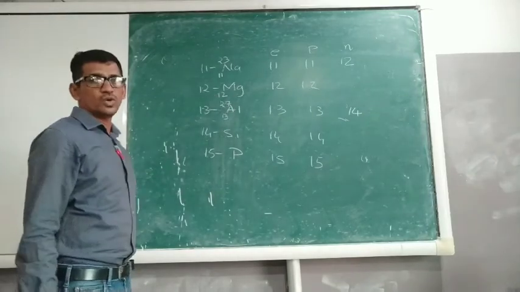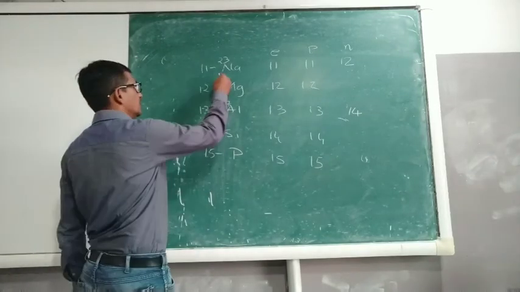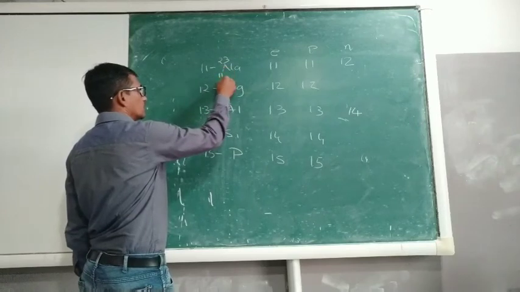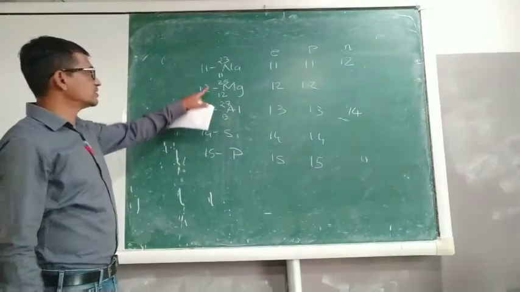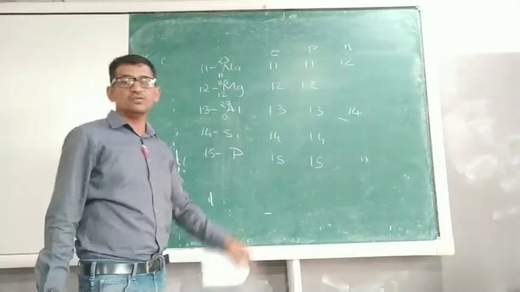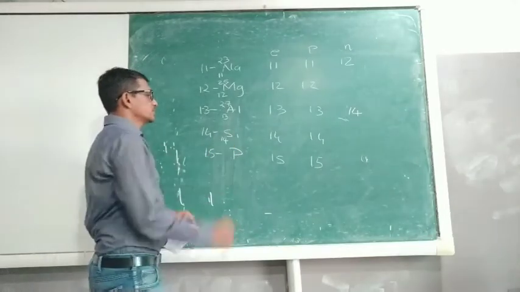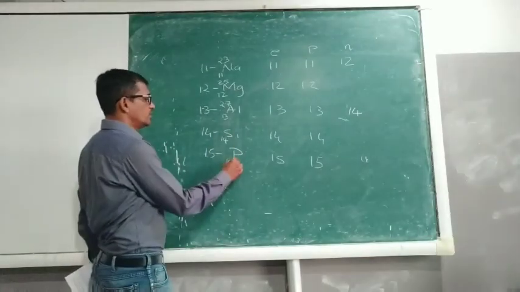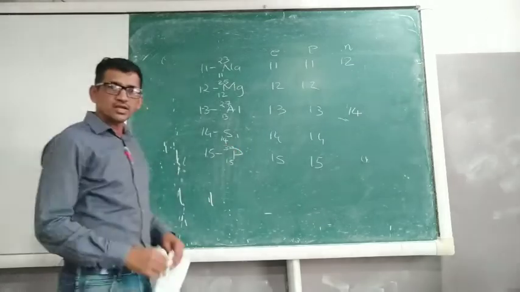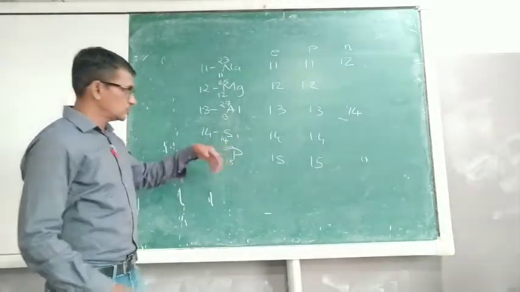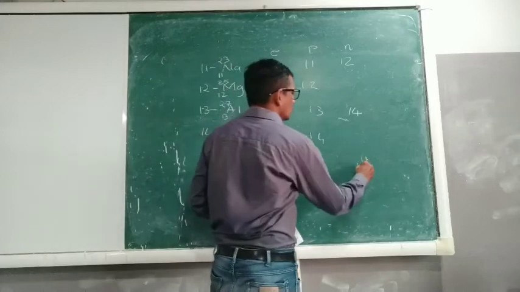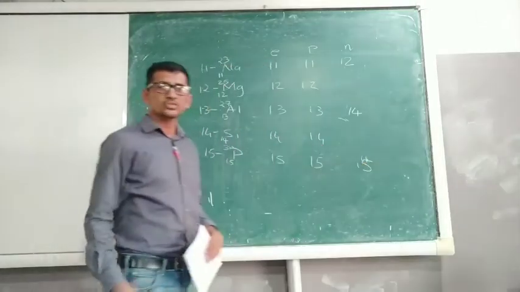Similarly magnesium 12 and 13 means it is 25 approximately. If the mass number is known, then we can find the neutrons. Similarly silicon 14, phosphorus 15, 30. Directly you can find 15 and 30. So a total of 15 neutrons are there.